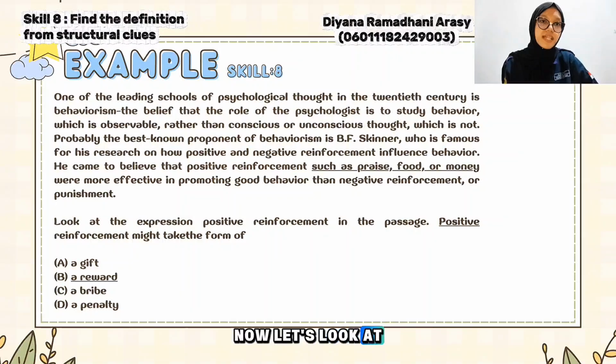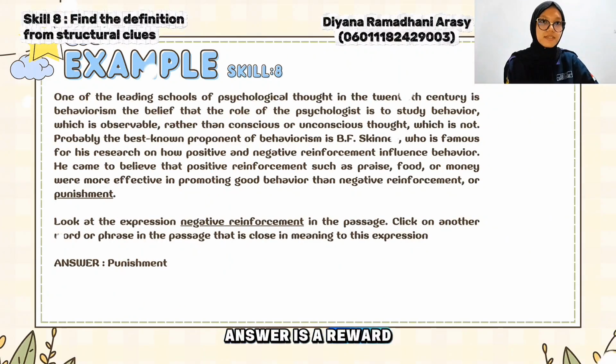Now let's look at another example from the computer TOEFL test. It's the same passage and they mention positive reinforcement in the question. And the question says, look at the expression positive reinforcement in the passage. What does it mean? So, if praise, food, or money are given for doing something good, that's a kind of reward. So, the best answer is a reward.